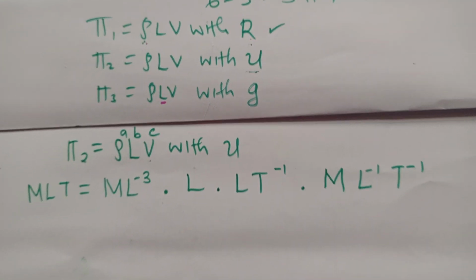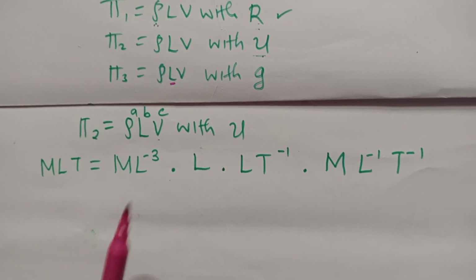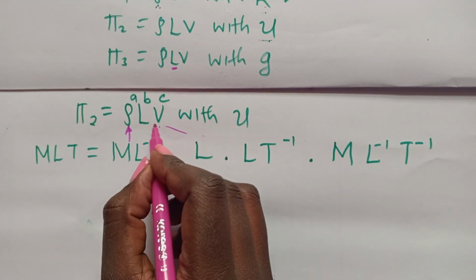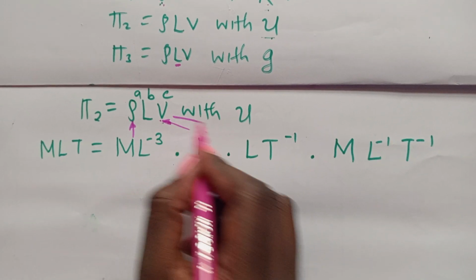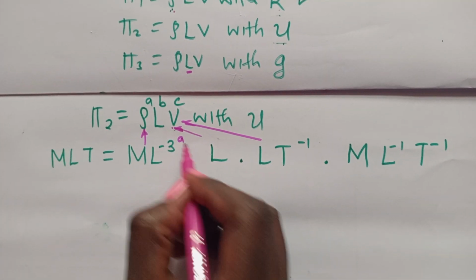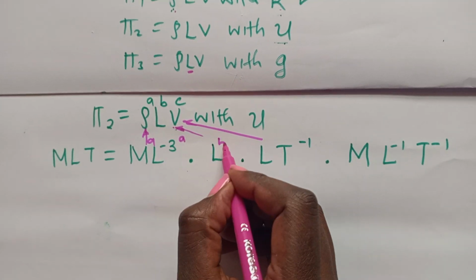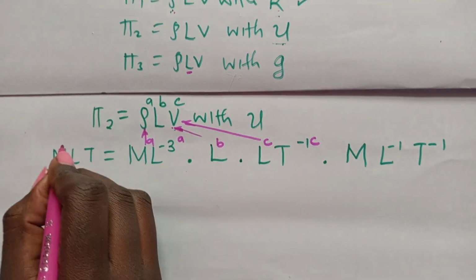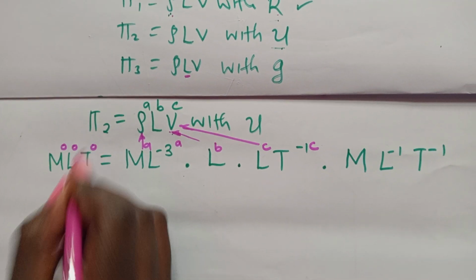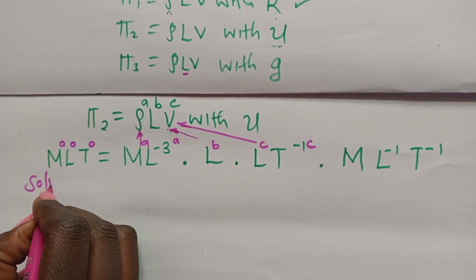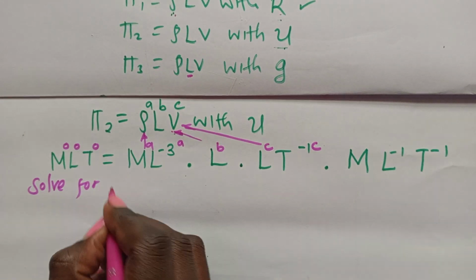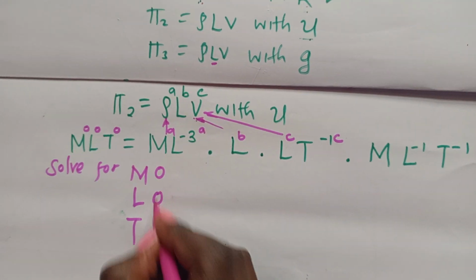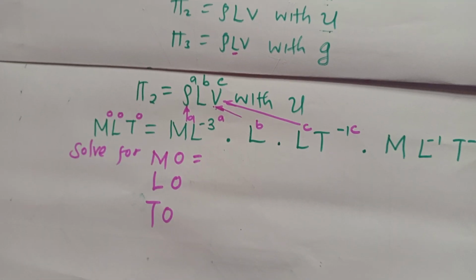Now bring in the powers in terms of A, B, C like you had indicated here. So this is it for L and for V. This is raised to A, B, and C, and also C here. I said for this we put them as 0, 0, 0. Now begin to solve for M, L, and T. For M, how many powers?